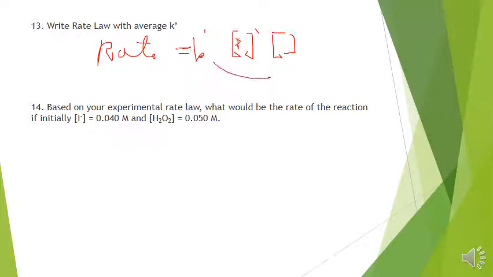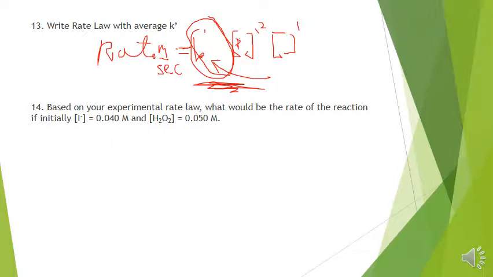I'd like you to be careful about the units here. So, for instance, if this was 2 and this was 1, there'd be molar cubed. And then your rate's going to be moles per second. So you have to figure out what the units of this K value are. That's going to take a little bit of thinking.